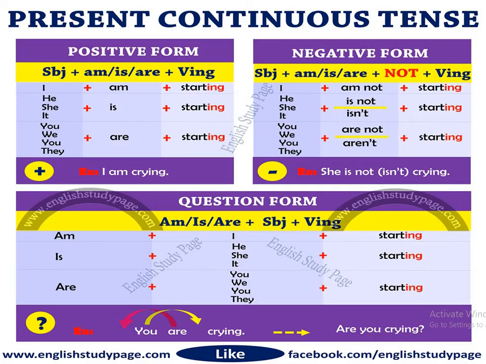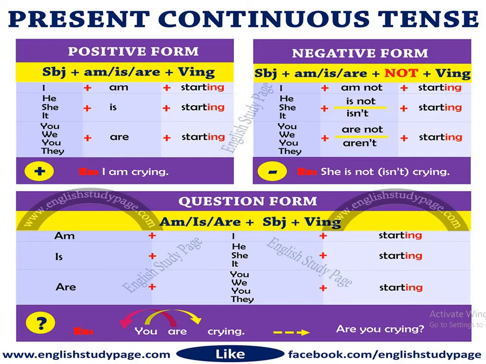The next is a comparison between the positive form, the negative form, and the question form, or the interrogative form, right? So here there are different subjects given, and along with that we are using the helping verb, the auxiliary verb, and the verb in ing form in the positive form.